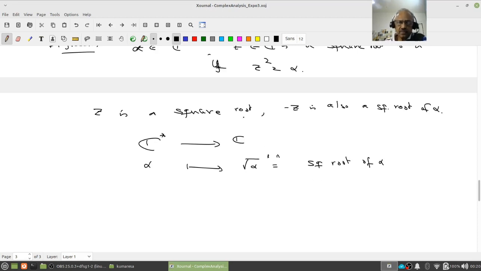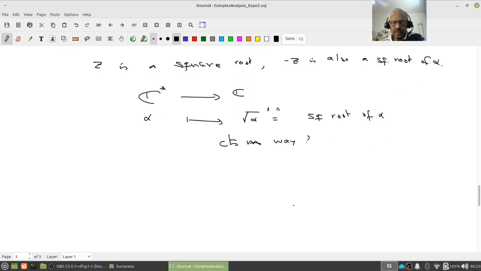I know the square root exists, but the point is whether I can choose this in a continuous way. Again, you may have a problem with this. Let me look at another simpler question.